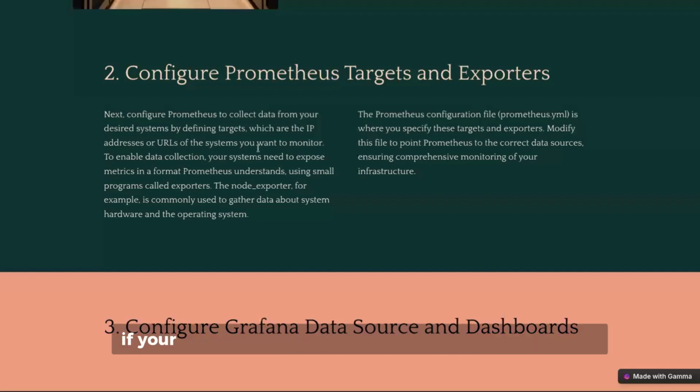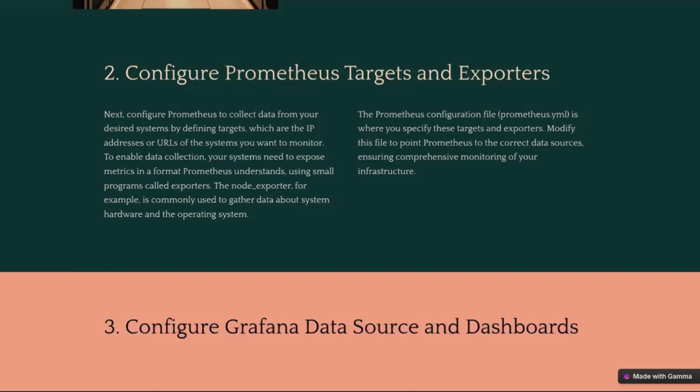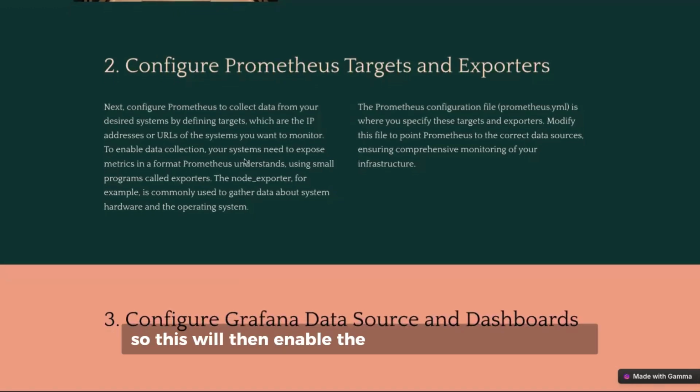So if your node is already running on a particular endpoint, you just need to provide that endpoint, map it to the flag from the client you're running, and then you'll be able to monitor your node. This will enable data collection, and your node then exposes the metrics in the proper format for Prometheus to understand.